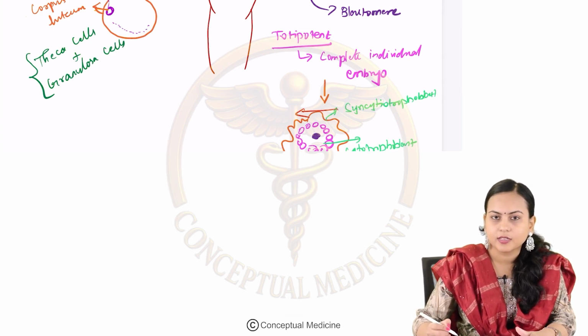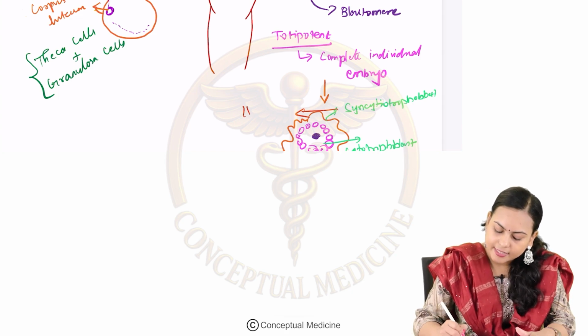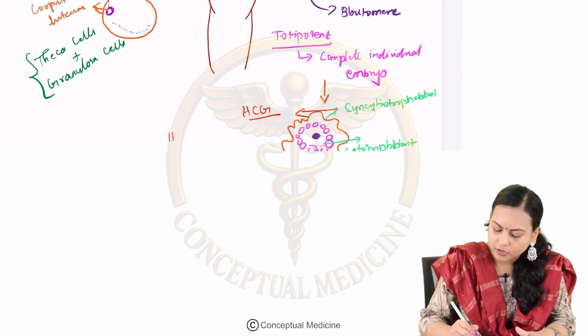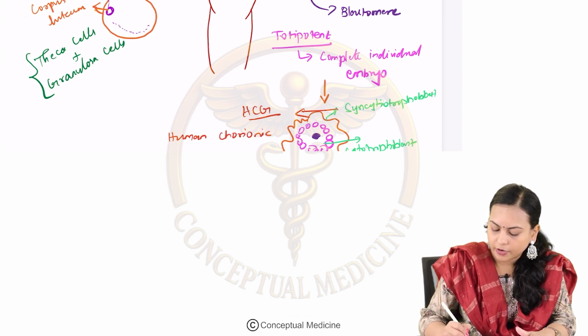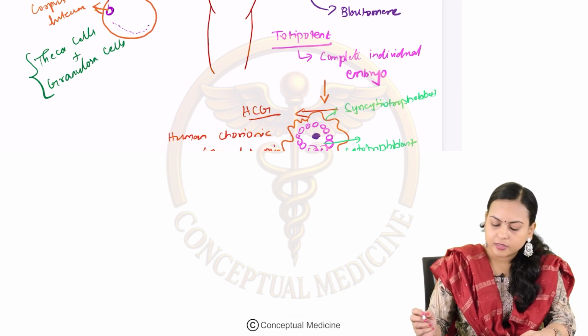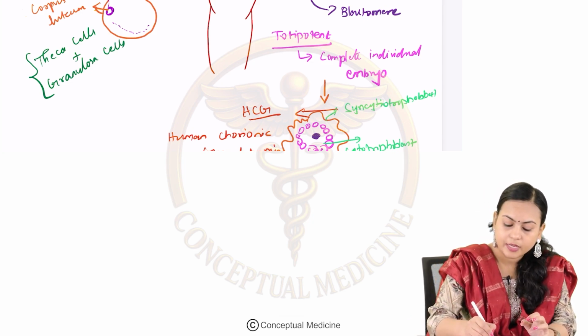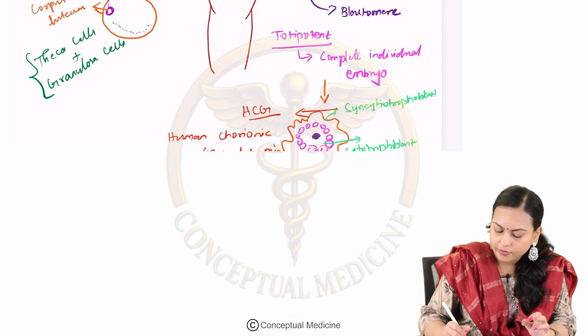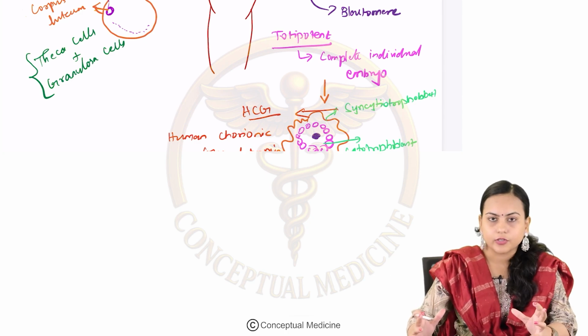That hormone is HCG, human chorionic gonadotropin. Remember, this HCG will be produced from as early as 8 days after fertilization.